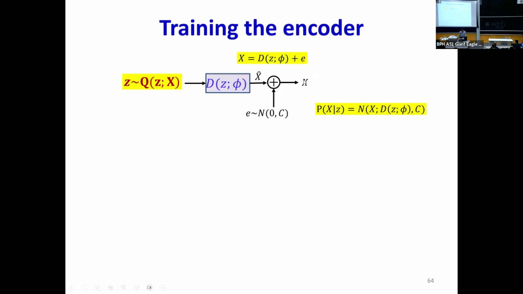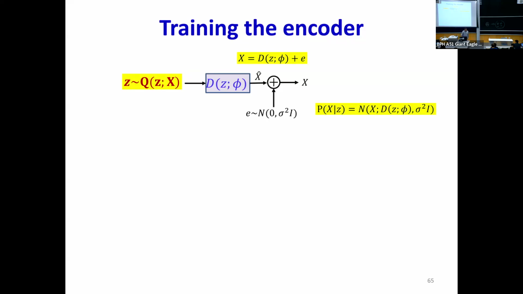So P of X given Z is the same as P of X given X hat, which is a standard Gaussian with mean X hat, which is D of Z, and variance C. Is this making sense to you guys? This one here? Right, straightforward, right? Furthermore, I'm going to assume that the covariance of the noise is diagonal and isotropic. Why can I do that?